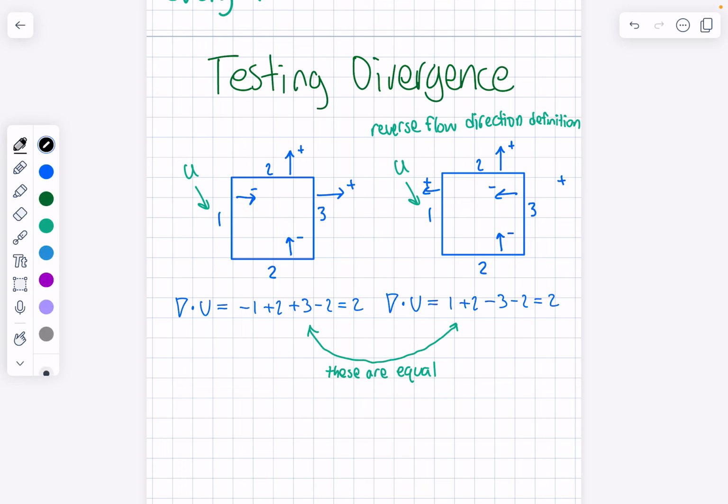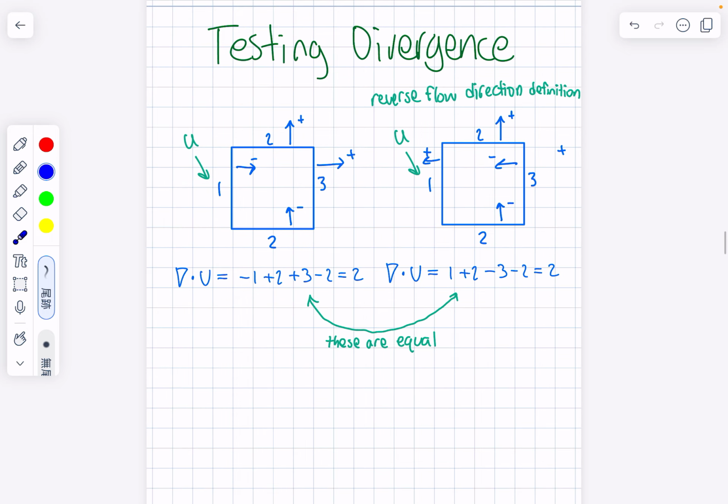So in the case of Cartesian, it's very easy. We simply say the normal vectors are always pointing to the right in the x direction and always pointing this way in the y direction. You can actually switch it, and this is what it would look like. So the divergence, this is 1, 2, 3, 2. These are the values of the flux at the edge.